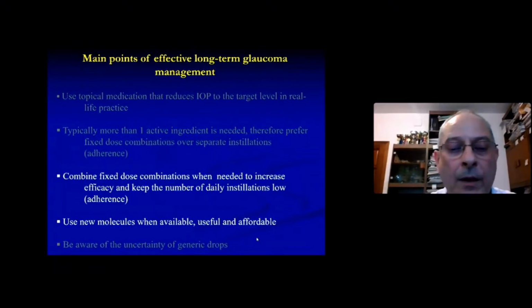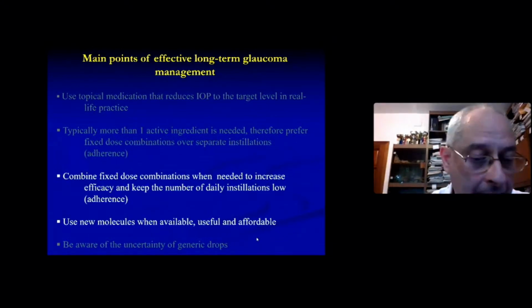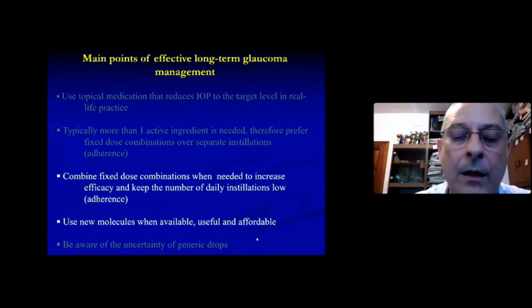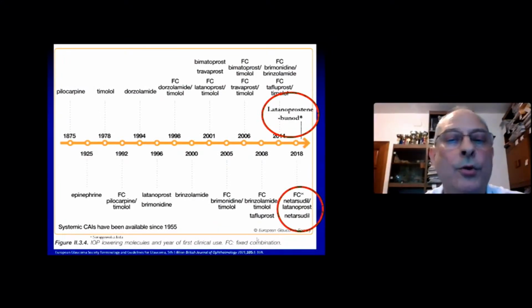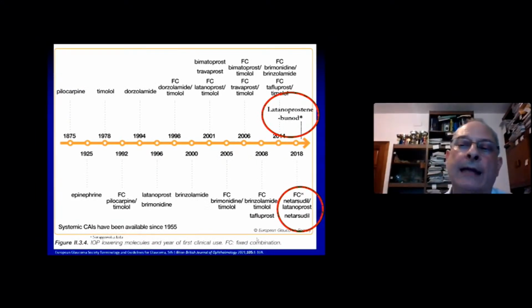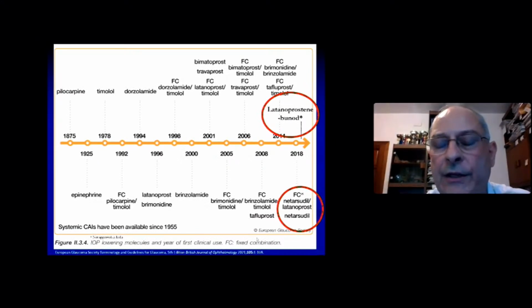At the same time, please consider that new molecules are available, and some of them are now affordable, at least in some countries, and available in fixed dose combinations. These are the new appearances of the different mono and fixed dose combinations from the EGS guidelines. You can see encircled two new players which are not yet present in India.